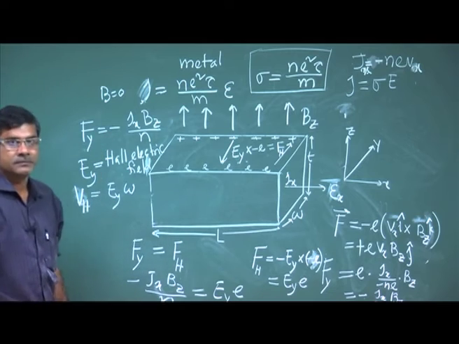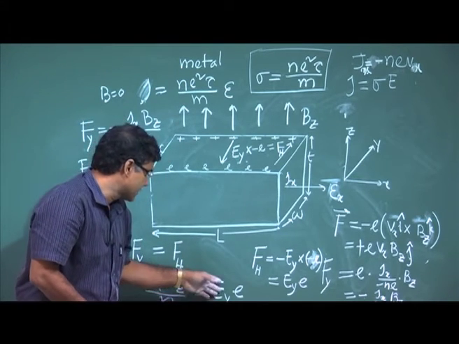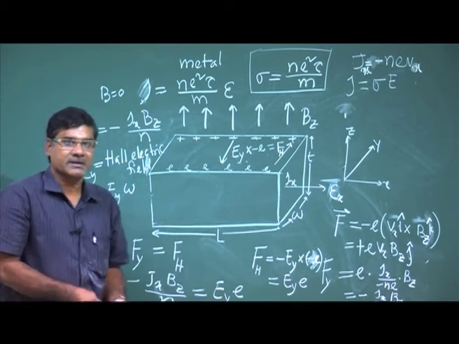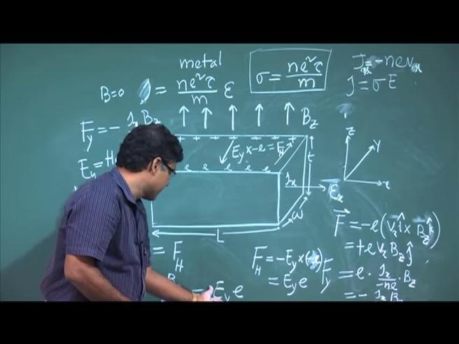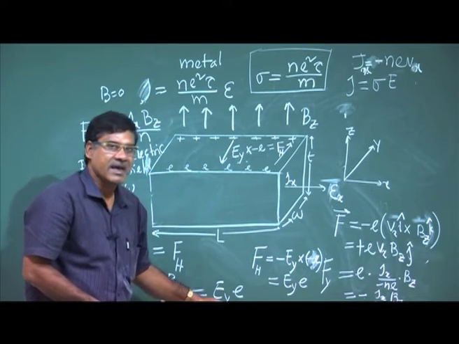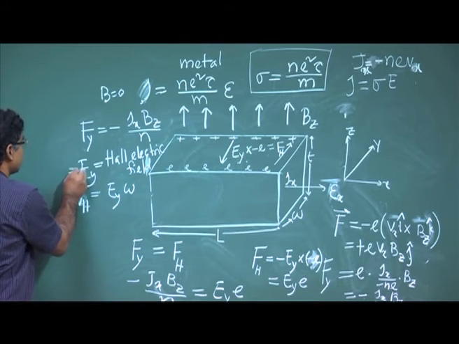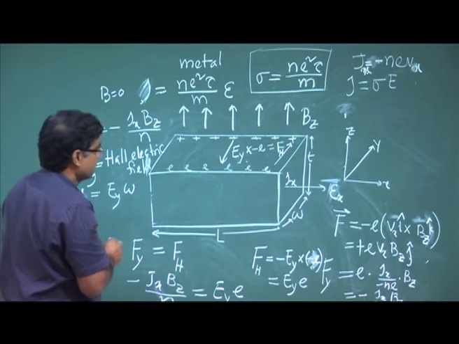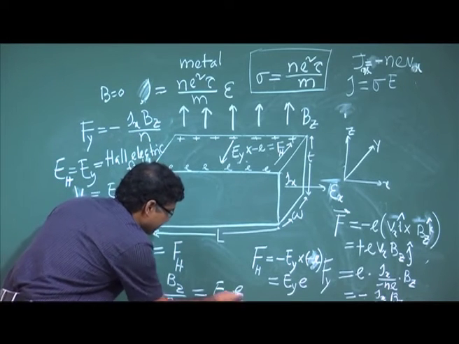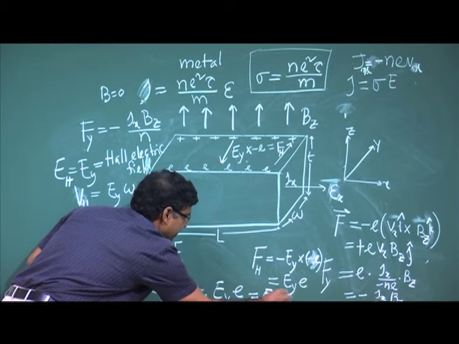Here also now we can use this. Now, I do not need direction, either positive or negative. So, then this y I can replace by H. So, E_H, this I can write E_H, Hall electric field.